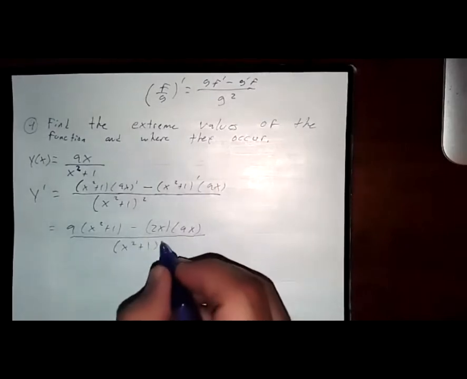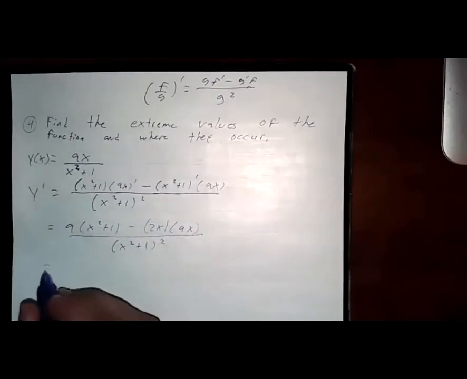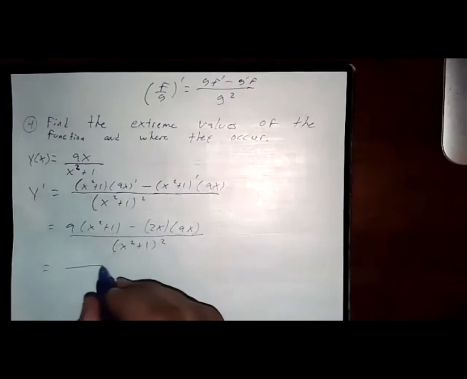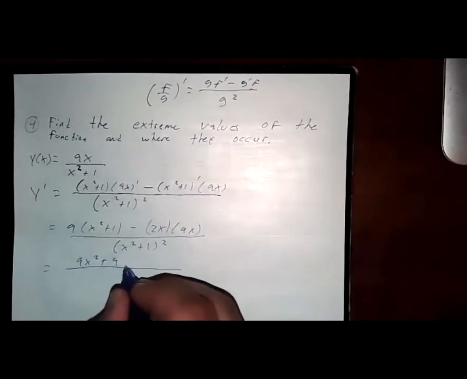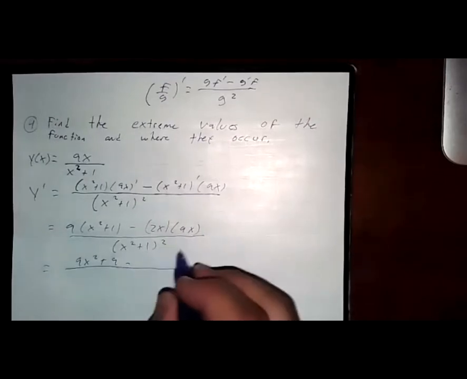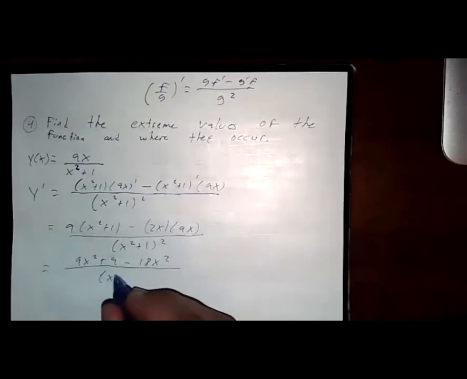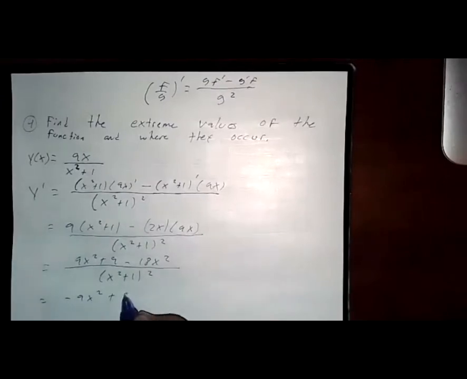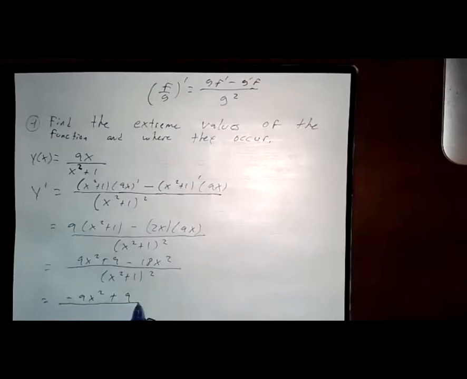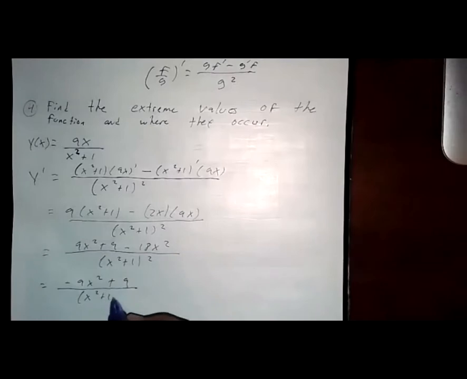That will give us 9x squared plus 9 minus 18x squared, right? So that'll give us a negative 9x squared plus 9 over x squared plus 1 squared.